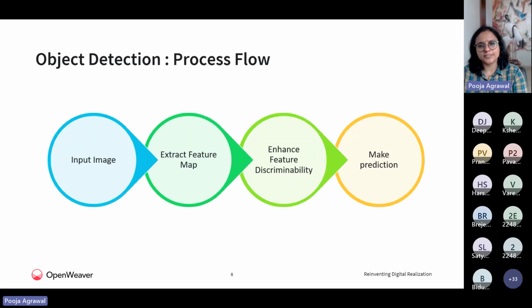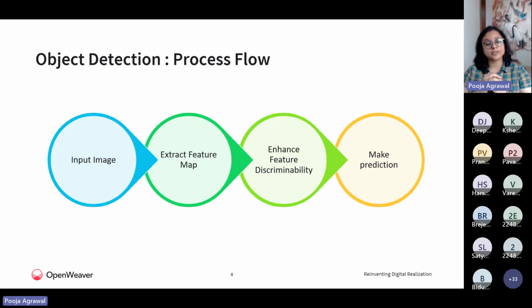So what's the process of object detection? If you see, initially there is an input image, and these images are used as the data set through which the different features of the images are extracted, and a feature map is created. Based on the feature map, we use the different features in an image to train a model, and the model then tries to enhance these features in a way that it is able to suitably discriminate amongst the different images based on these features, and that is passed to the backbone of your neural network.